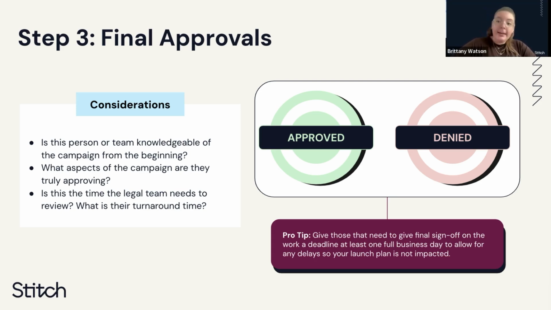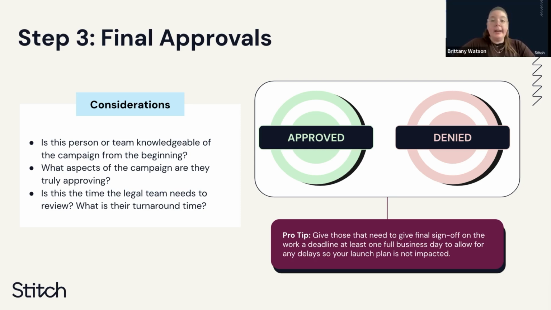If it is an executive on your team or it is being sent to a queue of legal requests, just having those people already familiar with what this campaign is, what the goals are, and what it is they are actually reviewing is only going to make this go smoother, versus a request hits their desk and they're completely unfamiliar with it. You are then having to bring them up to speed, hopefully answering all of their questions in a timely manner, and then expecting them to sign off on something. The earlier that we can fill that knowledge gap, the better.